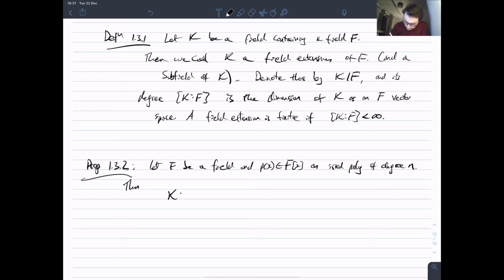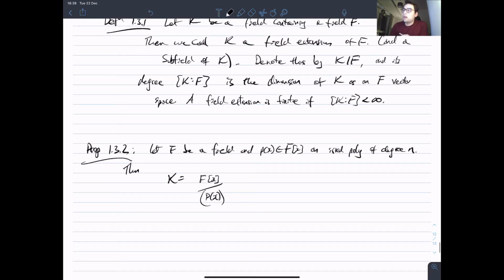Then if I set K to be the field F[x] quotiented out by the ideal generated by this polynomial, we saw that this was a field before. Then this is a field extension of F, and the degree of K over F is exactly n.